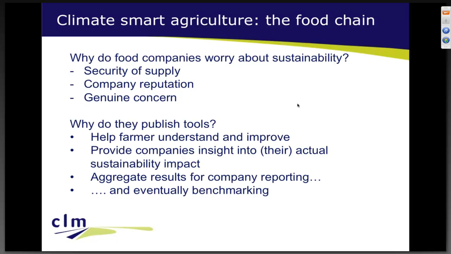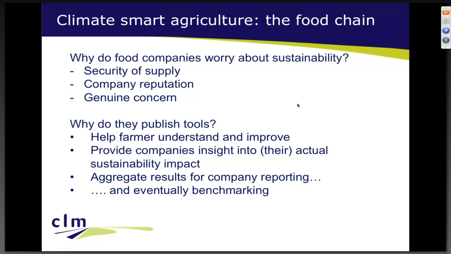So why do they publish tools? Why are they all working on cool farm tools and other stuff? Well, they want a farmer to help to understand and improve his act, so that they know what their sustainability impact is. You know, reminding you of that picture that most of the environmental impact is at farm level. And if food companies are asked, how are you dealing with sustainability?